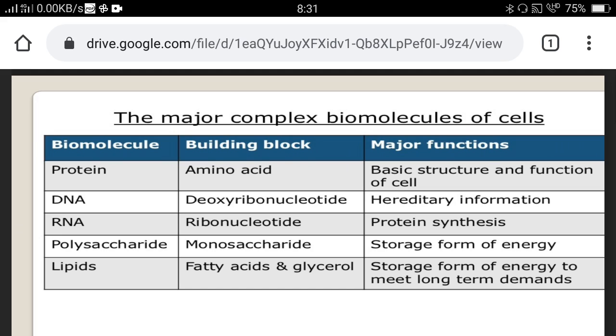RNA, that is a ribonucleotide, helps in protein synthesis. Polysaccharides, building block monosaccharides, help in storage form of energy. Lipids, fatty acids and glycerol, storage form of energy, and meet long-term demands.